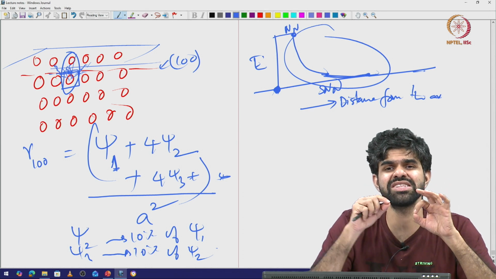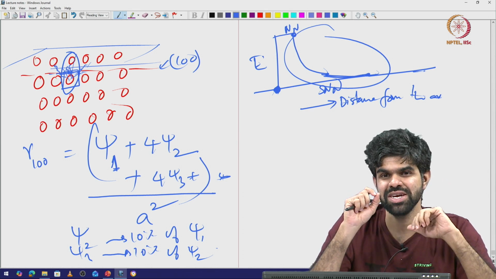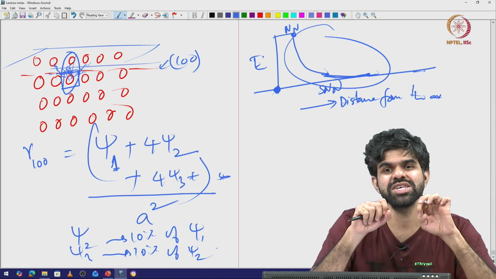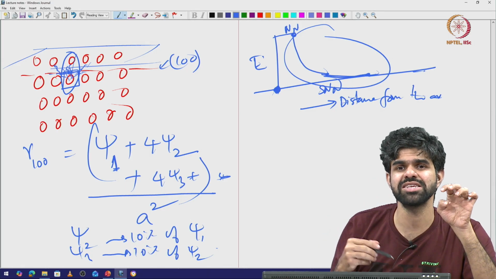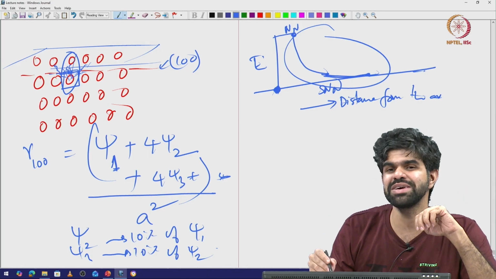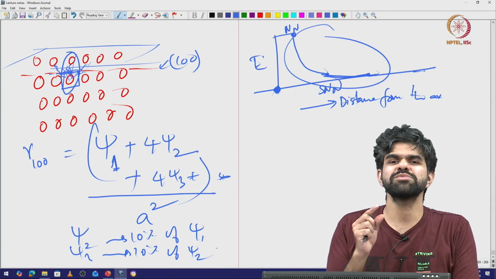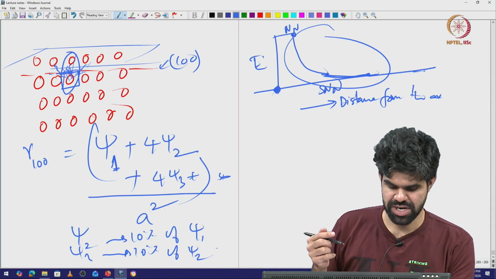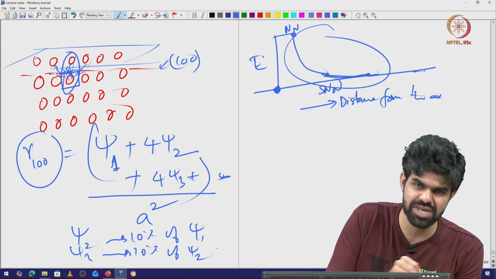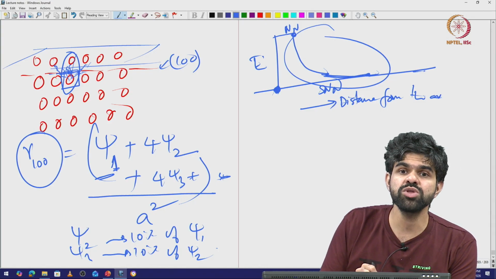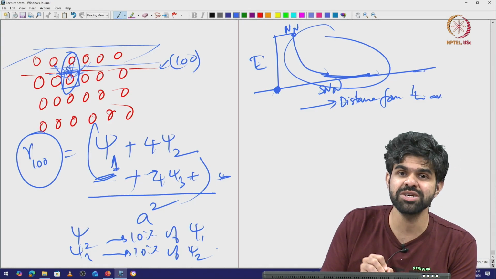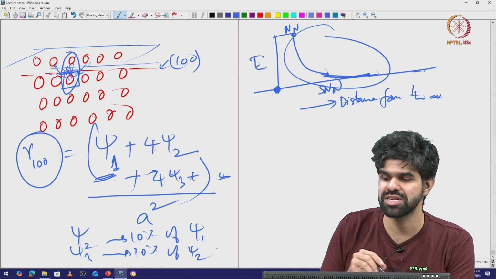Coordination number is the number of nearest neighbors, because the bonding is always strongest with the nearest neighbors. I can just take the nearest neighbors, that is also fine, but taking the second and third nearest neighbors makes the calculation of surface energies a bit more accurate. So, this is how I can calculate the surface energy of gamma 100 if I know the first, second and third nearest neighbor interactions and so on.